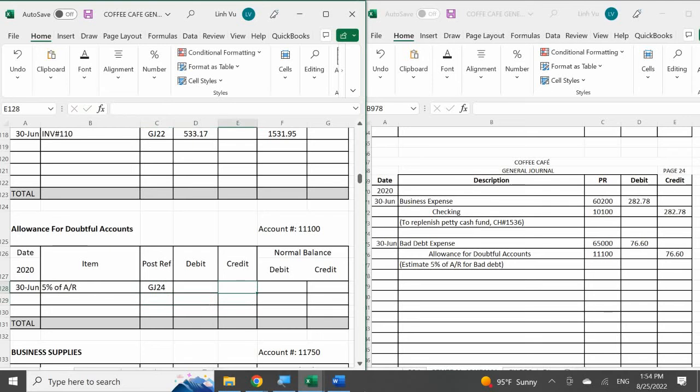And oh, look, it's a credit, right? Because it is a contra account for $76.60. Okay.